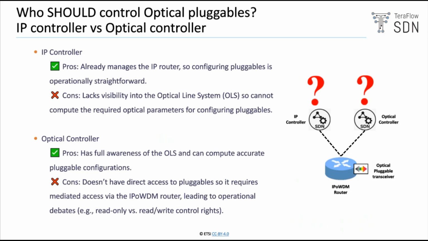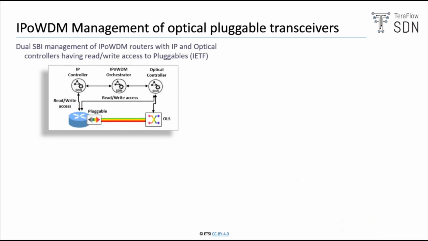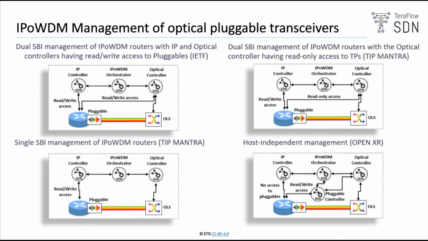Then we have the optical controller, which has full awareness of what's happening at the optical layer, but doesn't know anything about the IP routers, which are typically the ones you need to access to configure the pluggables. So this leads us to the need to define which shall be the controlling mechanism.